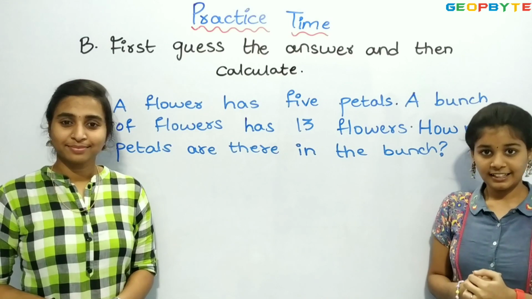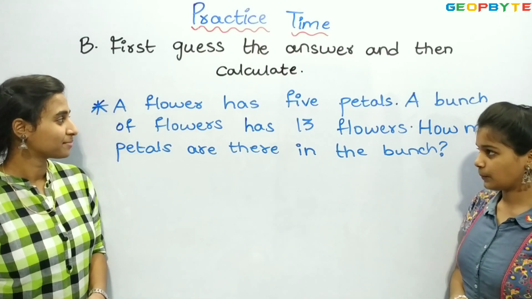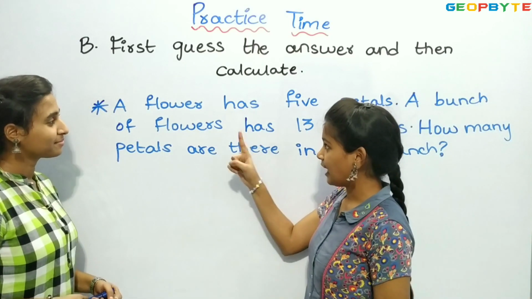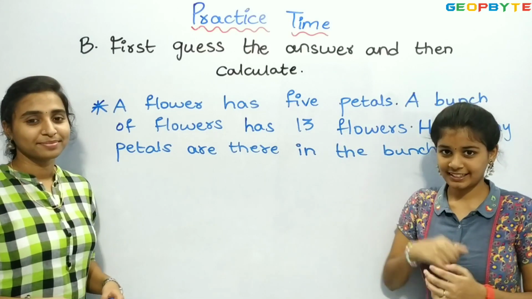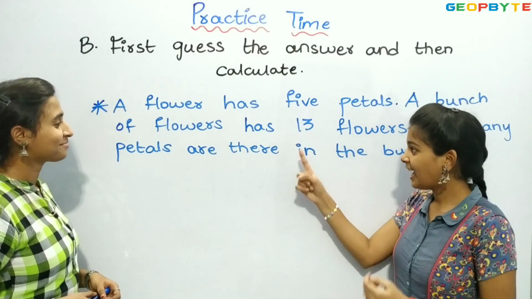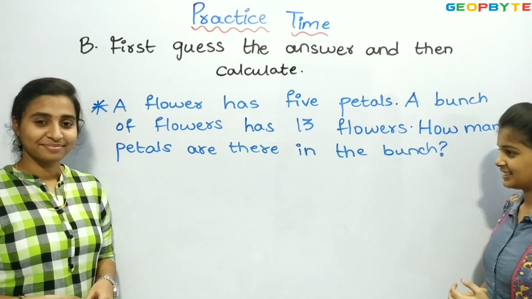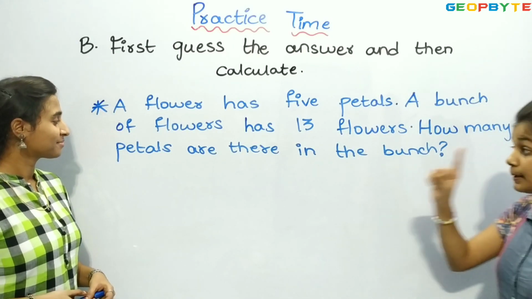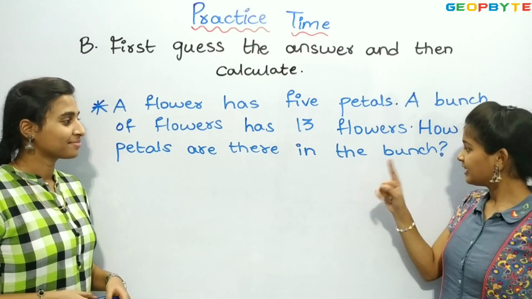For that, let us see the first question. A flower has 5 petals. A bunch of flowers has 13 flowers. How many petals are there in the bunch?